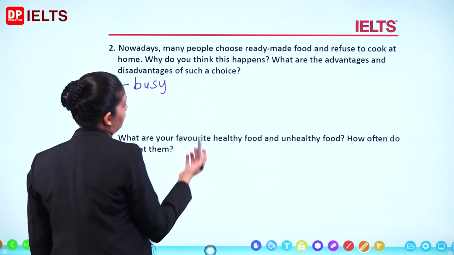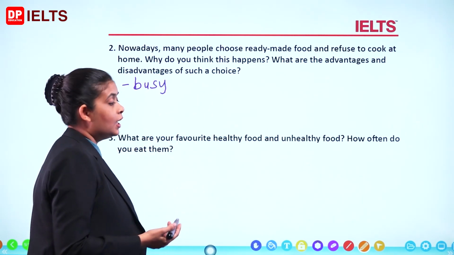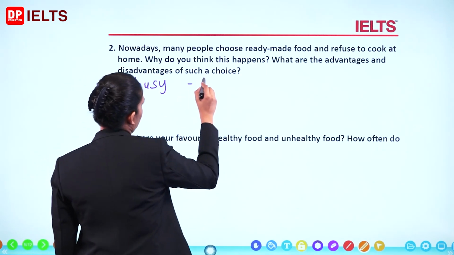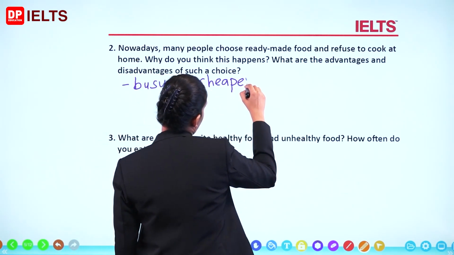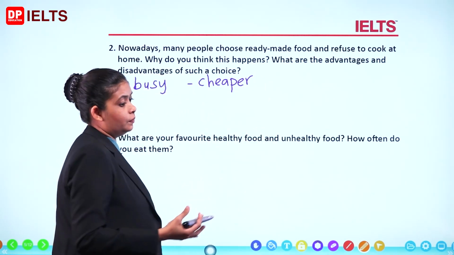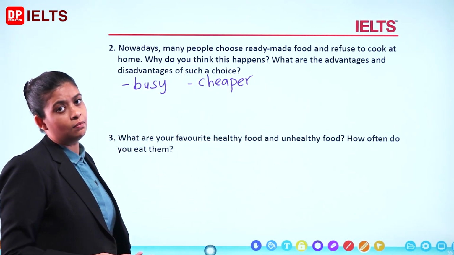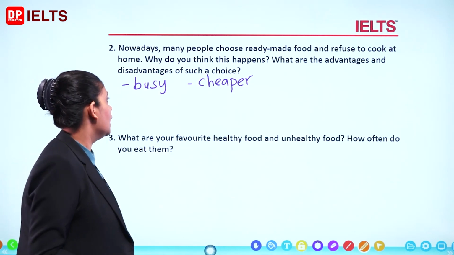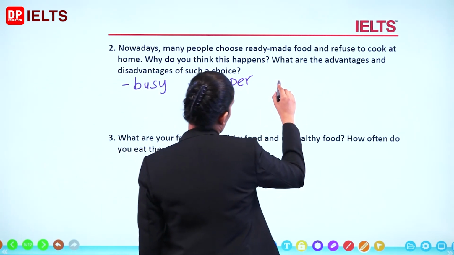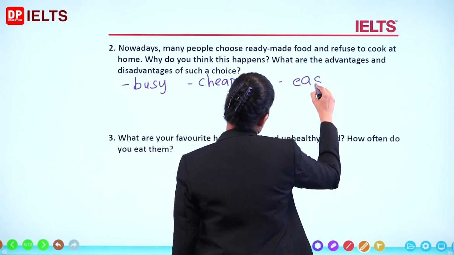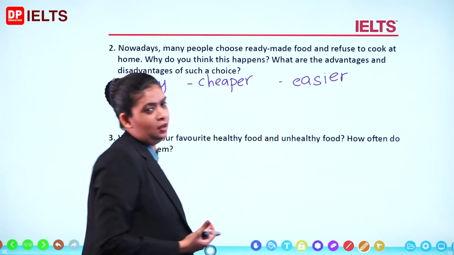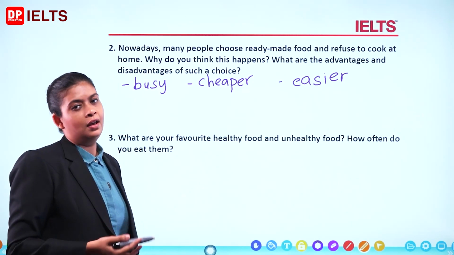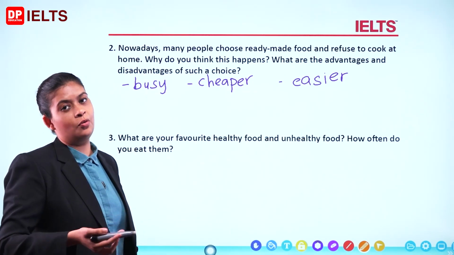They don't have time to cook, and also it's much cheaper because if you go to buy the ingredients and then cook the meal, it could be much more expensive, and also it's much easier. So you don't have to stay near the cooker and stir it and get it ready. You just pick it up on your way, eat it on the way, and just go home, have a wash and sleep.